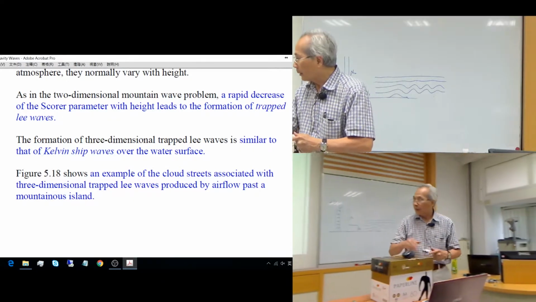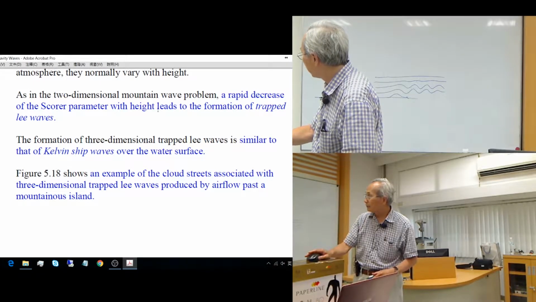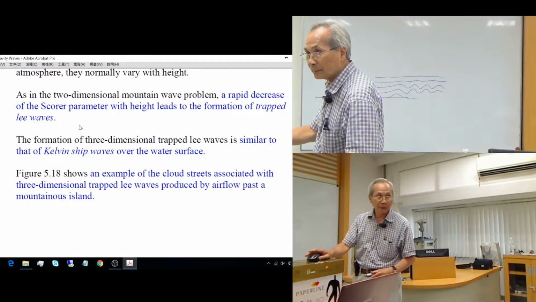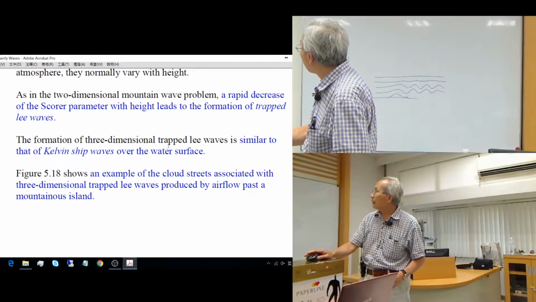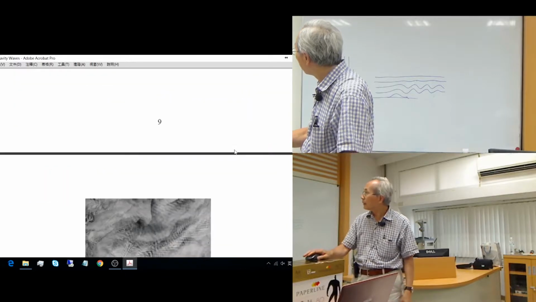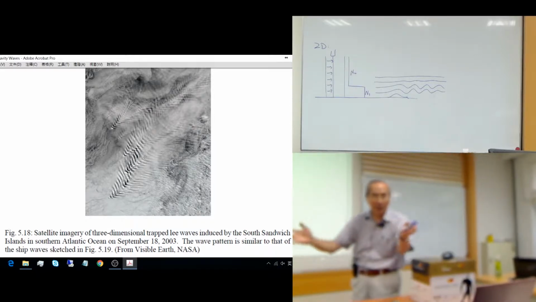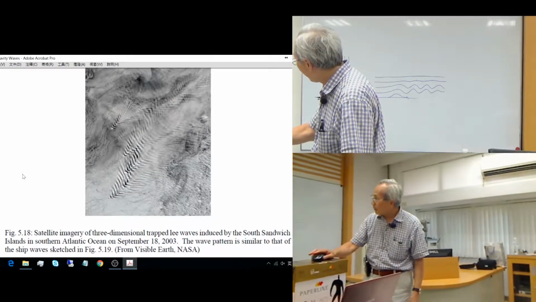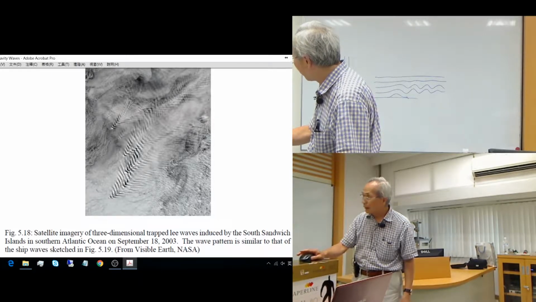In general, if we allow the scalar parameter to vary, that can lead to the formation of trapped Lee waves. We had two-dimensional like that, and now for three-dimensional flow the trapped Lee waves will be similar to that of the Kelvin ship wave. If you show this to friends with no background in meteorology, they would probably ask, where is this ocean, and there are so many ships?